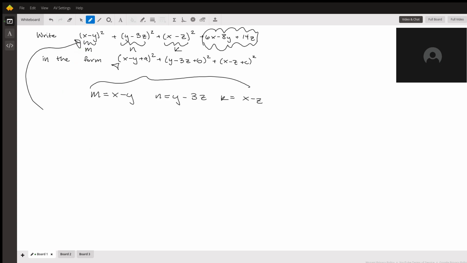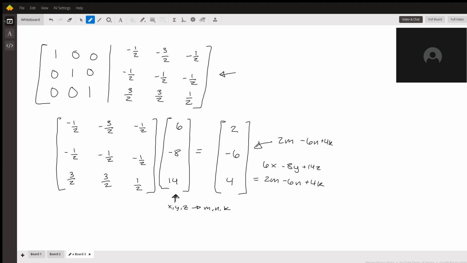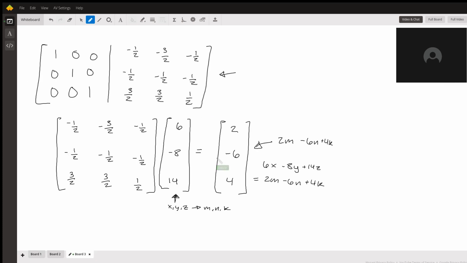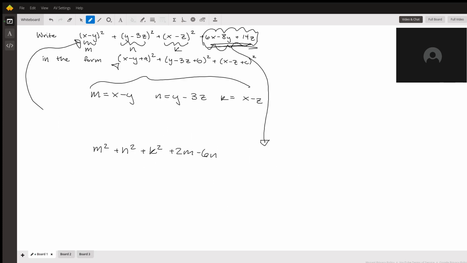So this first thing is going to go to m squared, and then n squared plus k squared. And then this part, the 6x minus 8y plus 14z, we're going to change to 2m minus 6n, and then plus 4k.